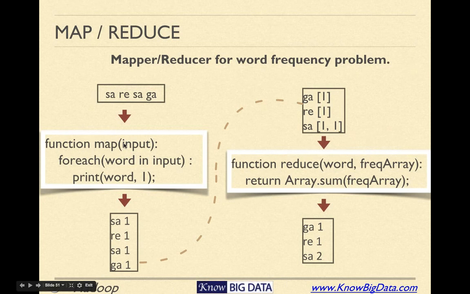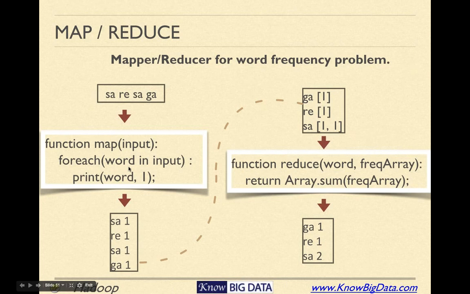Now, for each of the lines in your input file, your map function is getting executed, and your map function is supposed to give key value pairs. Whatever key value pairs your map function returns, Hadoop takes all of them and then sorts the output.